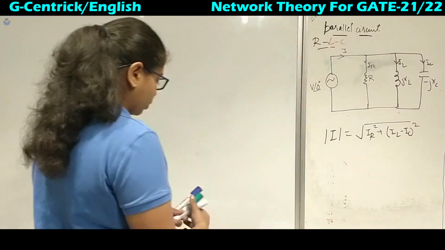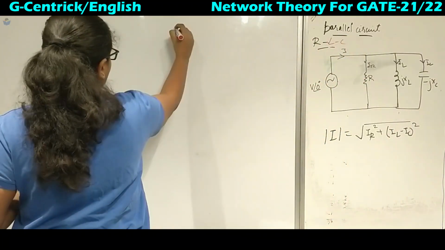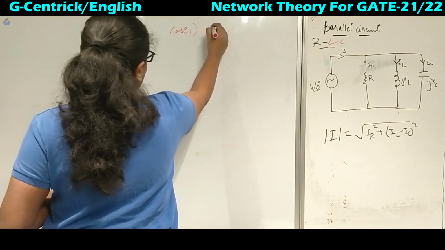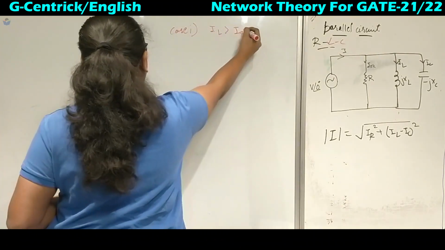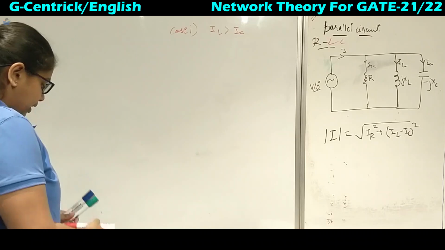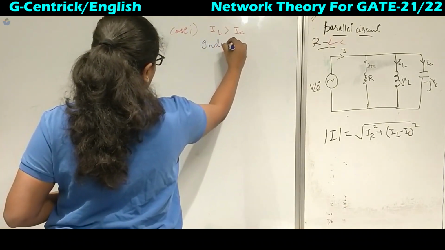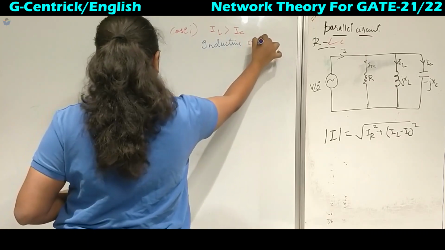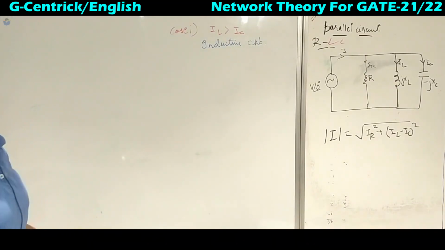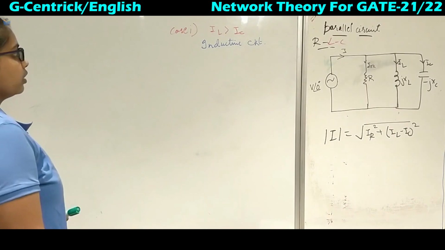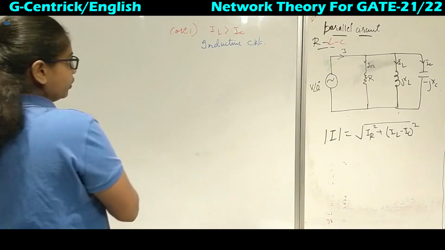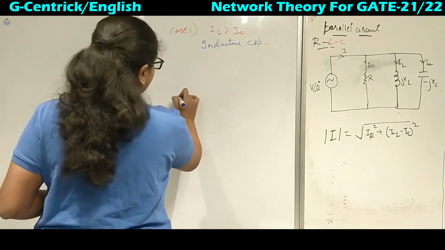So to analyze that, we will take our first case, case 1, that is IL greater than IC. When IL is greater than IC, it will become an inductive circuit. Now we will draw the phasor diagram of this one.